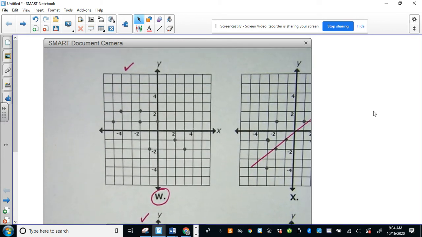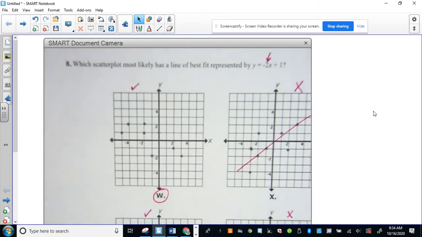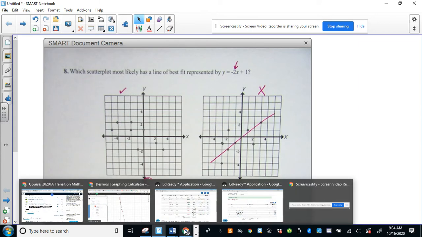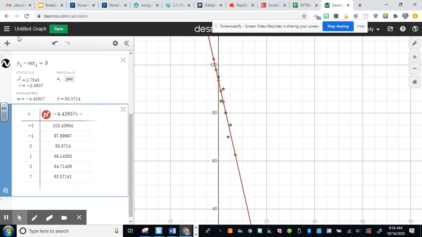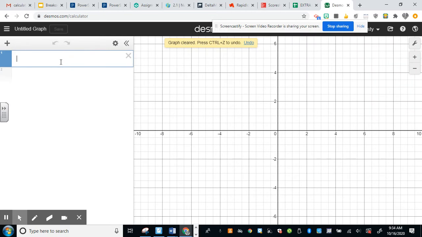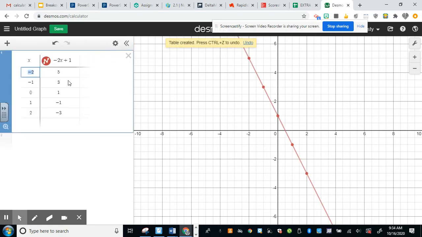So I would guess the easiest thing to do would be to go back to Desmos and put that in the calculator and see what it looks like. So I'm going to go back to Desmos, and I'm going to start a new graph. And I'm going to type in y equals negative 2x plus 1. And let's make that into a table to get some values.